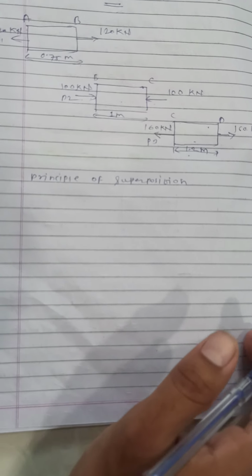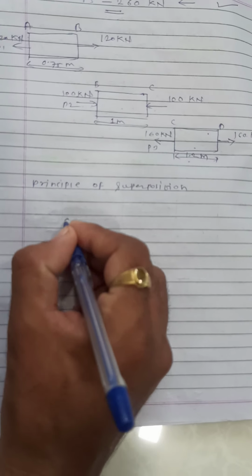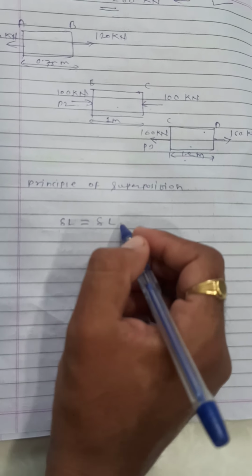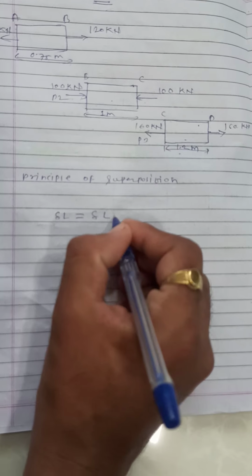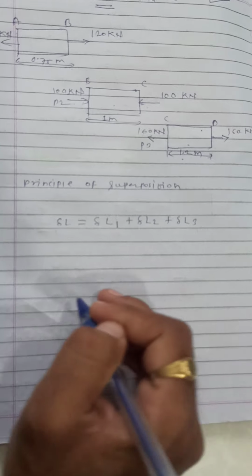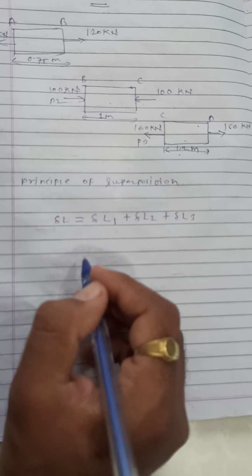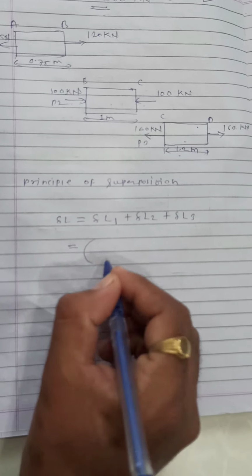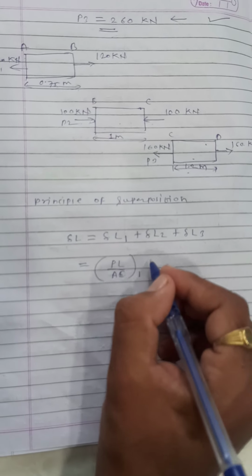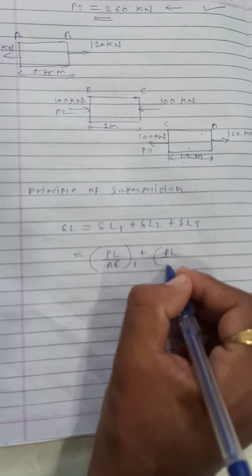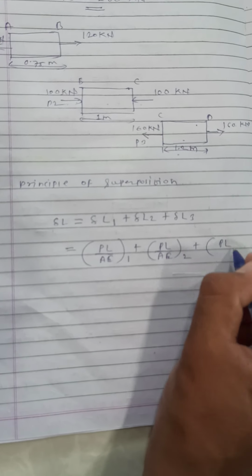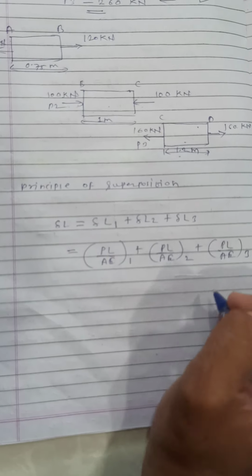What it tells us is that delta L is equal to delta L1 plus delta L2 plus delta L3, which is equal to PL by A for section 1 plus PL by A for section 2 plus PL by A for section 3.